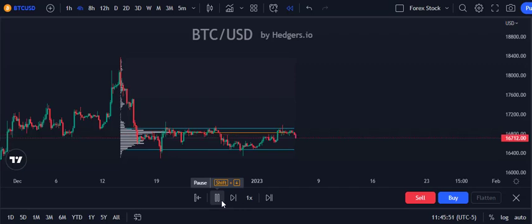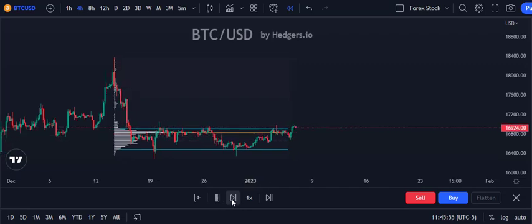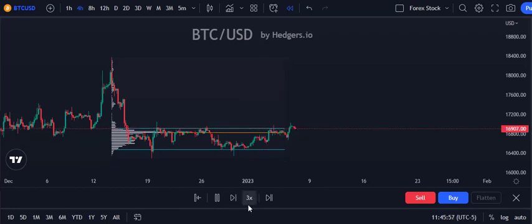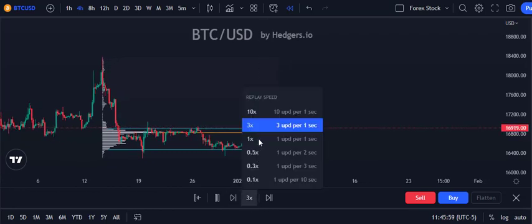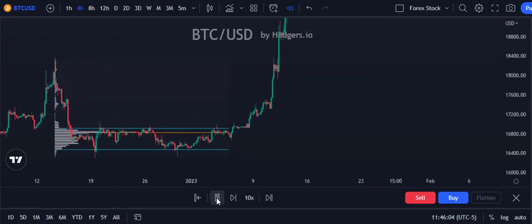You see, beautiful. So this is how it works.